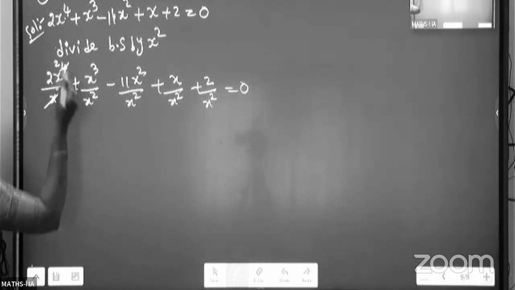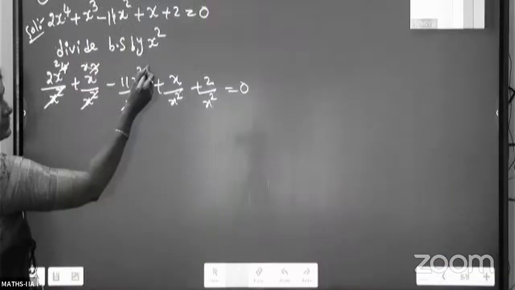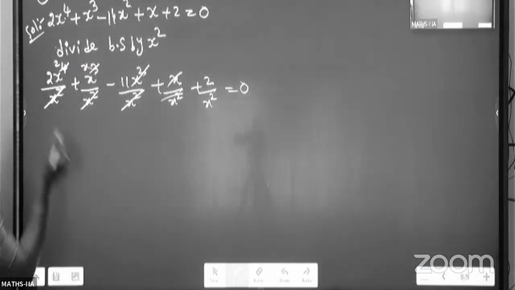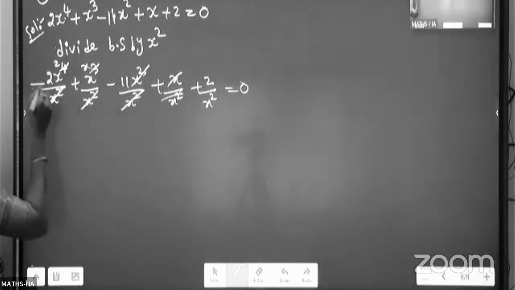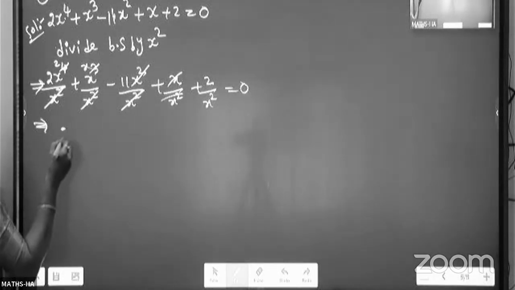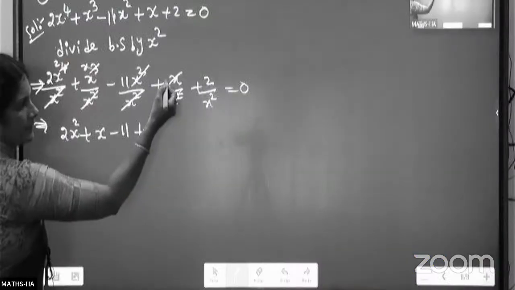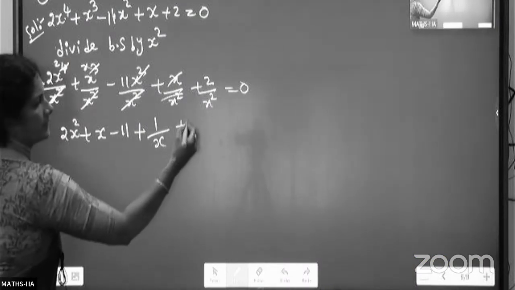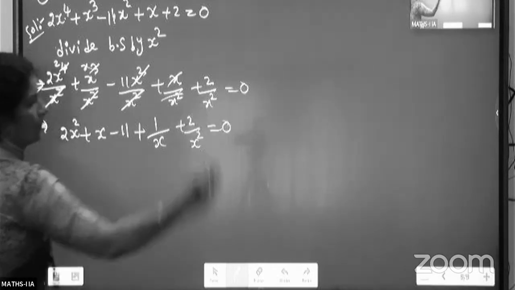Here x square cancels, here also x square cancels, here both x squares cancel, here 1 x cancels. So what is left? 2x square plus x minus 11 plus, here numerator nothing means 1, denominator 1x left, plus 2 by x square is equal to 0.